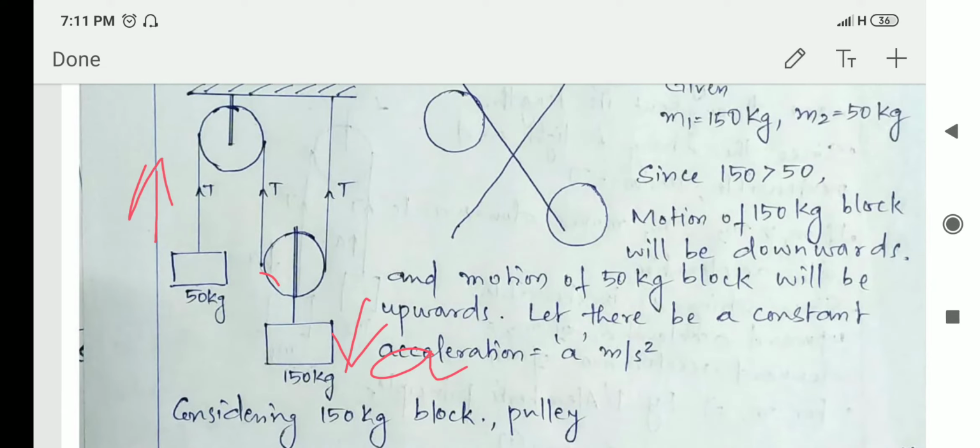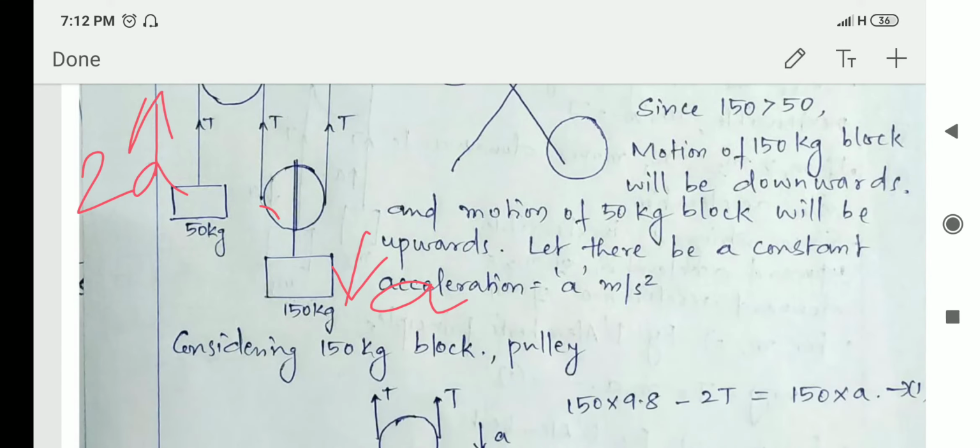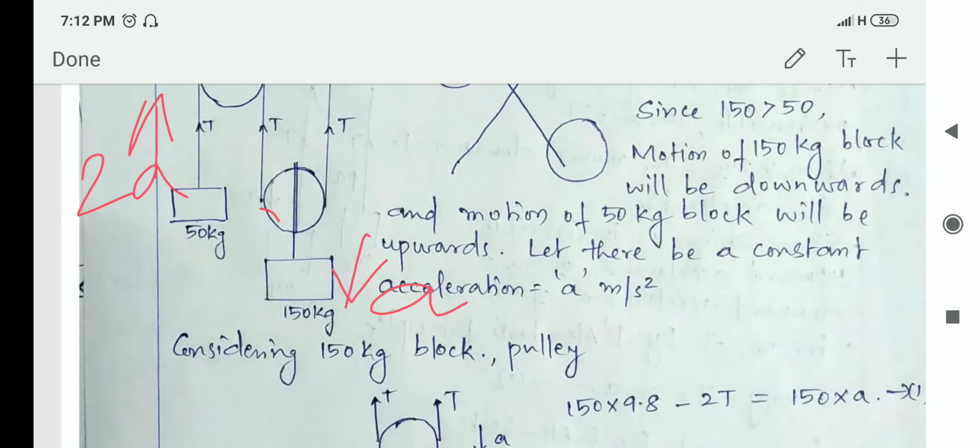So the first two steps are over. The first step was to find out the direction of motion, and the second step was to find out the acceleration, relative acceleration. So the acceleration of the 150 kilogram block is a and the 50 kilogram block is 2a, right? Now what we have to do is draw the free body diagrams and apply the D'Alembert's principle.